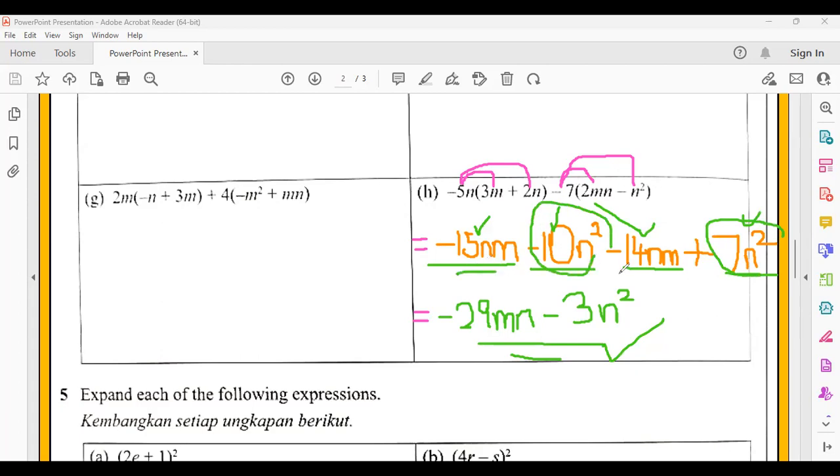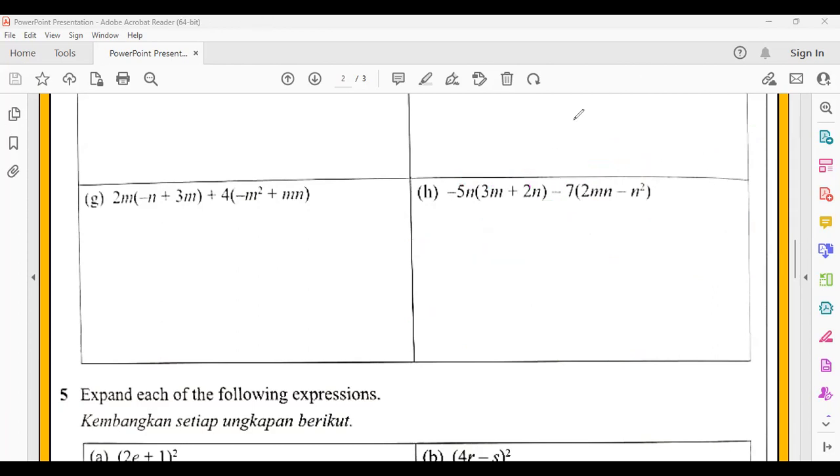My negative 15nm and negative 14nm will give me negative 29nm. You forgot that part. And then, girl, I know where your mistake is. Negative 10, it's not minus 7, you know. It's negative 10 plus 7. So you'll be reaching negative 3. Do you understand now? It's your confusion with negative numbers. Clear?